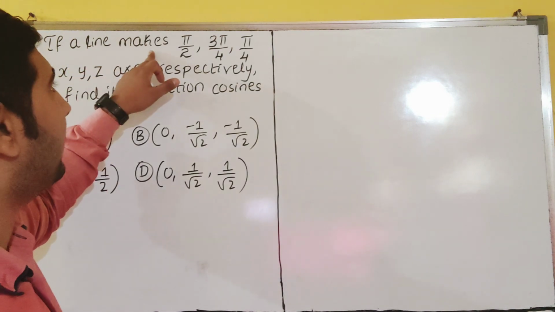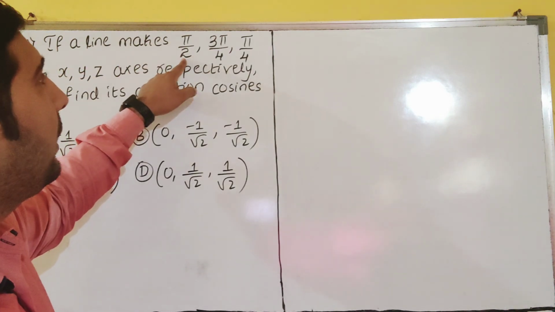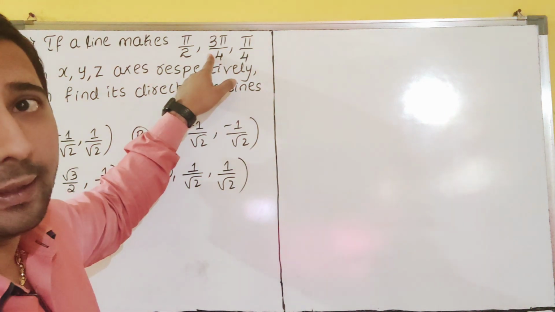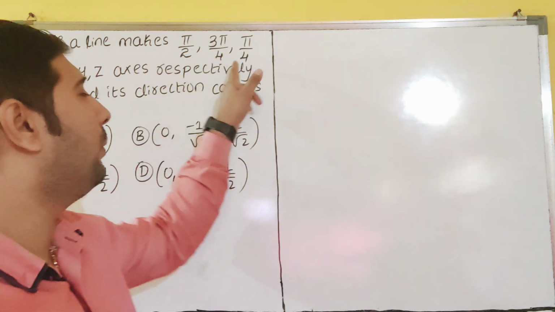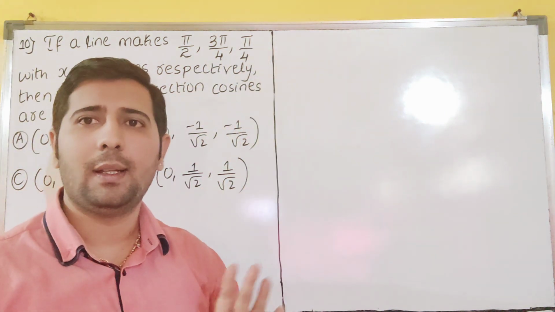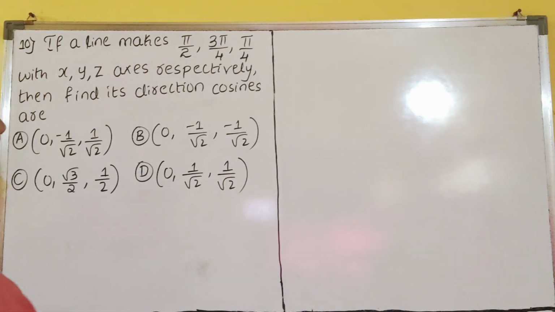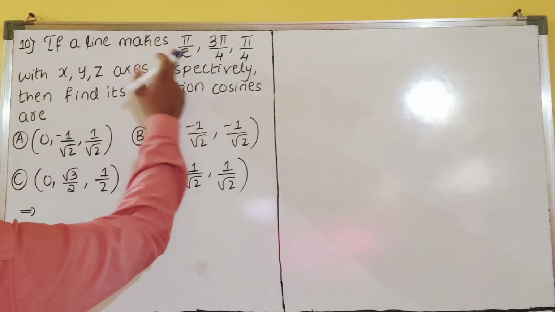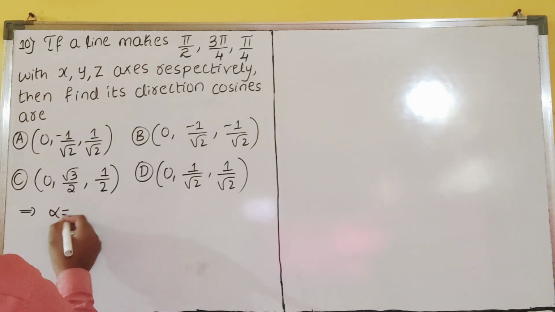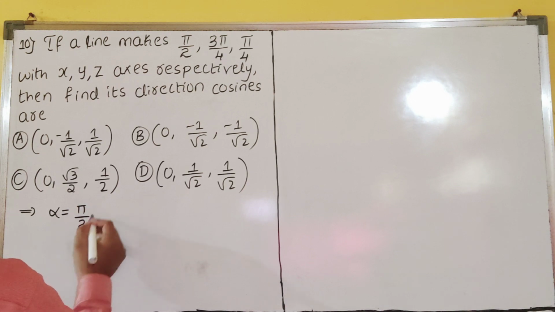If a line makes an angle, how much? 90 degree, 135 it is. 3 pi by 4 means 135, pi by 4 means 45 degree, dear students. So they are given like this in angles. Observe here. With the x axis how much is it making? Pi by 2, which is nothing but 90 degree.